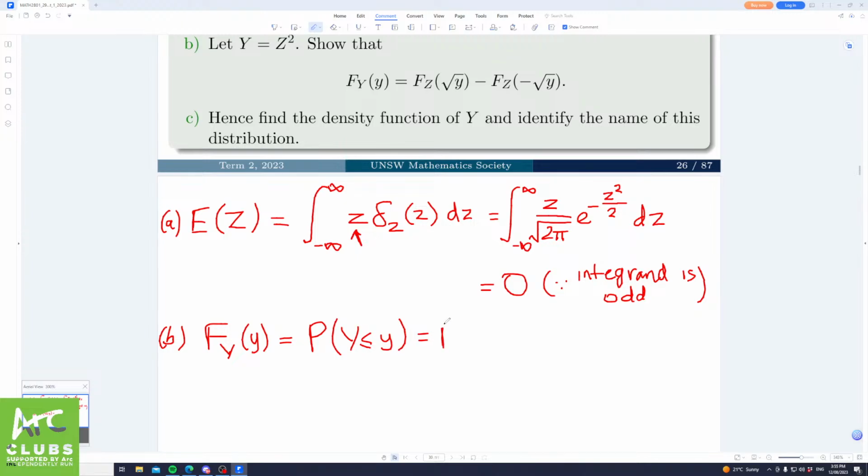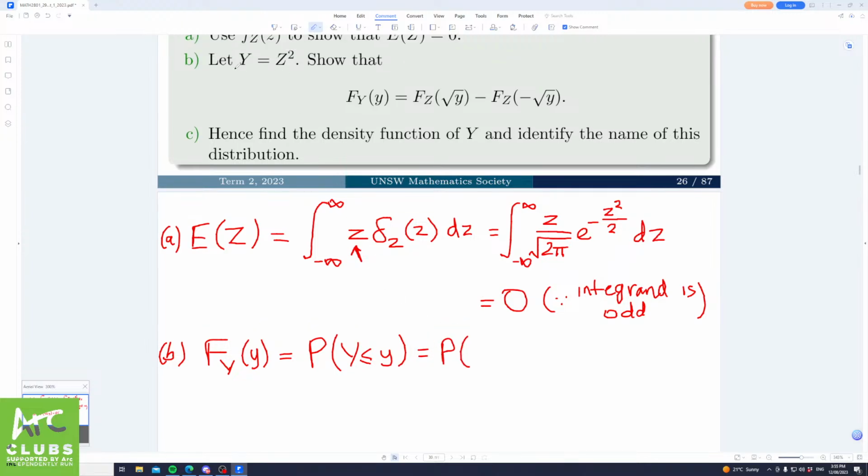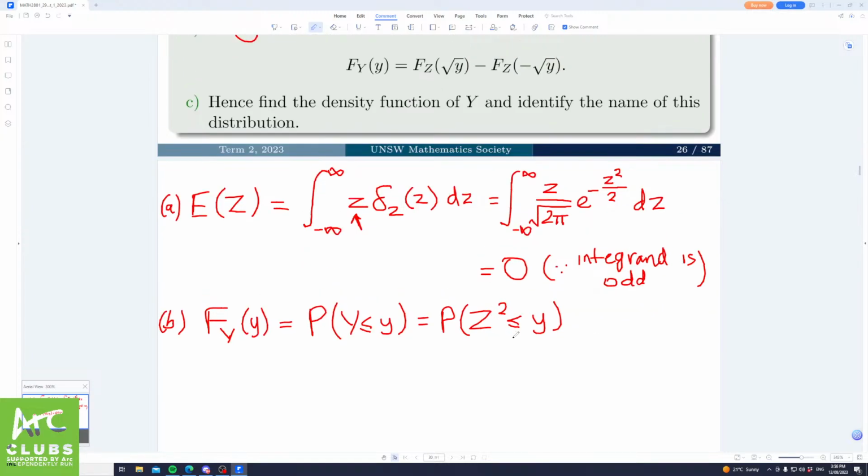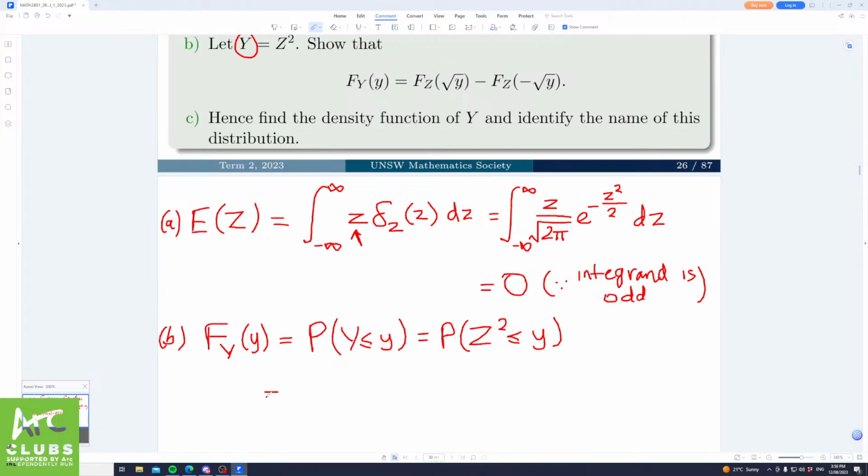But we know that big Y is just big Z squared. And the probability that Z squared is less than or equal to y is equal to the probability that Z lies between negative root y and root y.